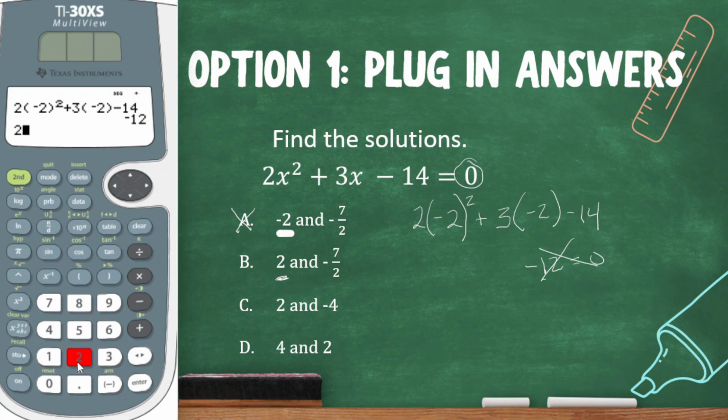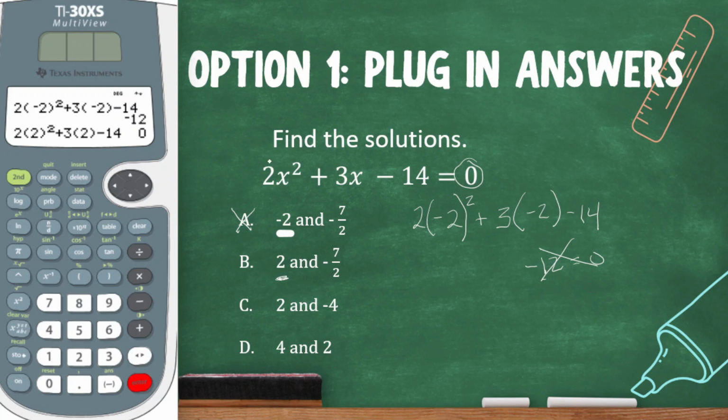So we'll enter the whole thing again, but instead of -2, we'll put +2. So 2 times 2 squared plus 3 times 2 minus 14. Let's see what that gives us. And it gives us 0.